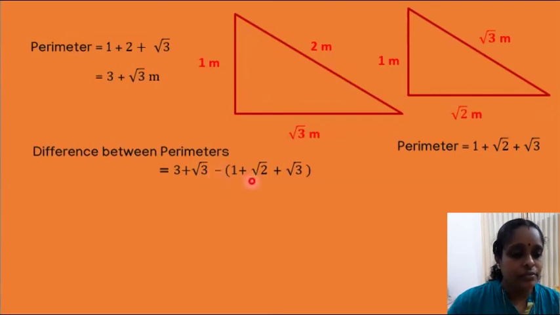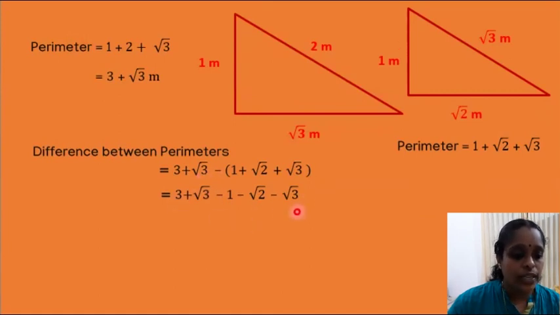Okay, that's equal to, removing the bracket, the operation is like this: 3 plus root 3 and minus plus, here we multiply. After multiplication, minus into plus 1 is minus 1, again minus into plus root 2 is minus root 2, again minus into plus root 3 is minus root 3. So here you can see that plus root 3 and minus root 3 cancel, and 3 minus 1 is 2.